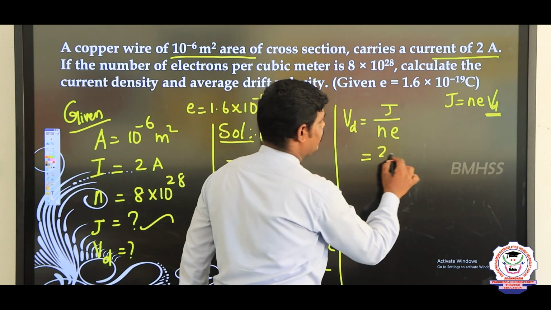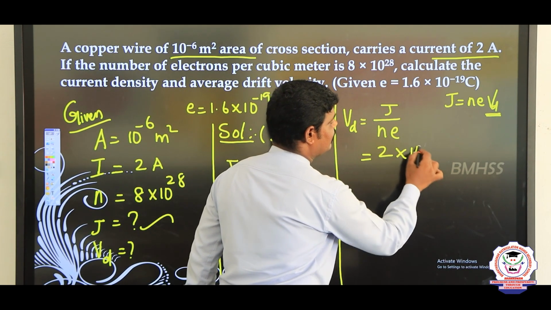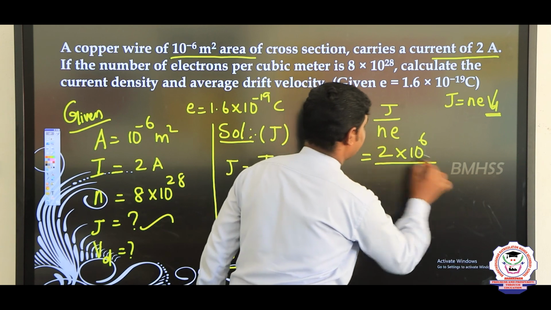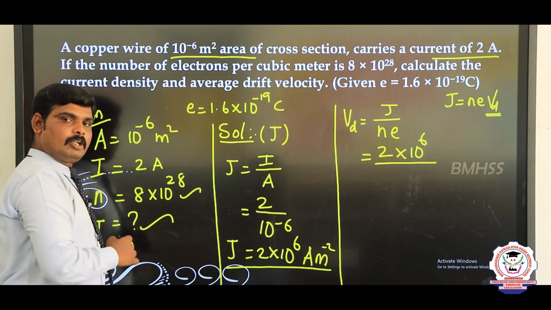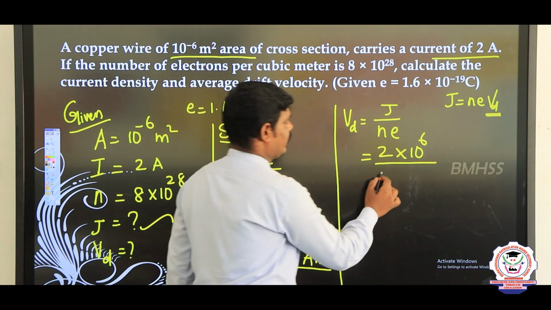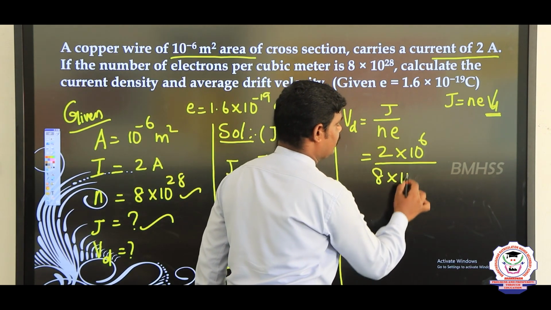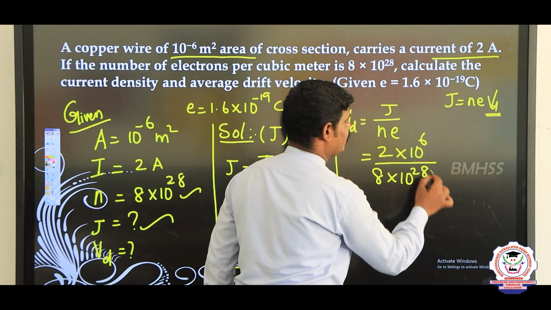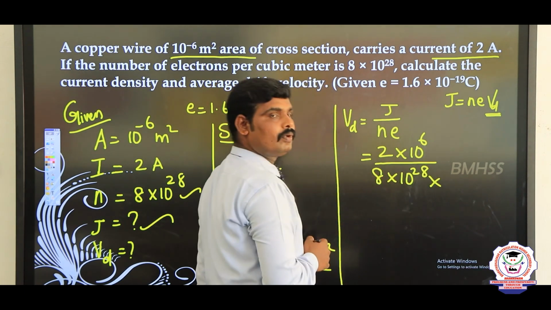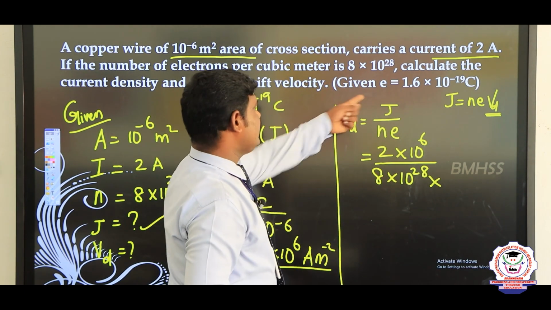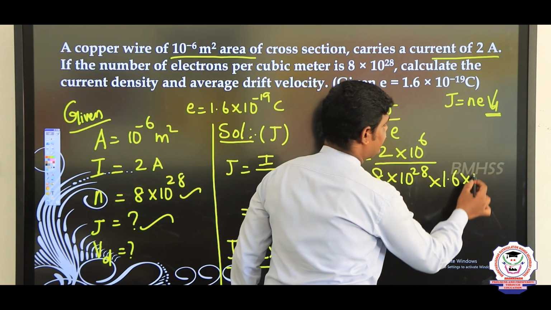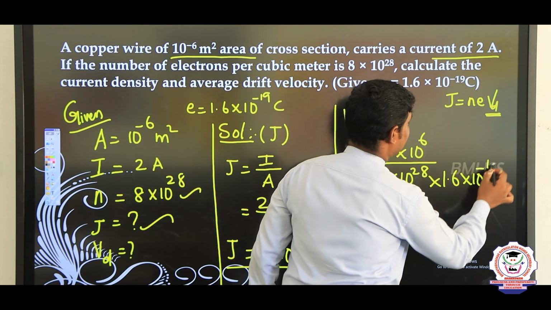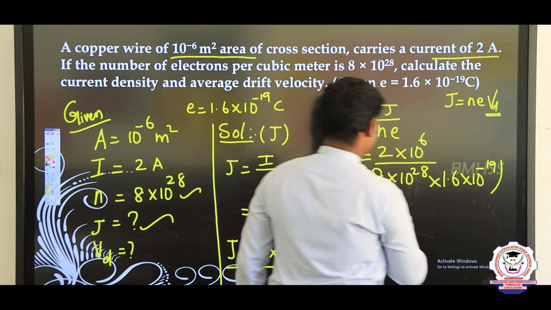Now substitute: 2 into 10 to the power 6 divided by N, the number of electrons, 8 into 10 to the power 28, into E, a constant value, 1.6 into 10 to the power minus 19.